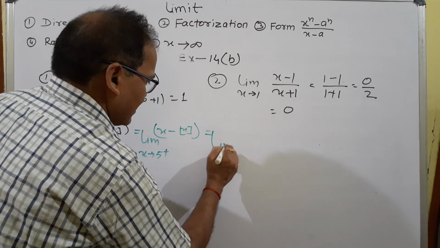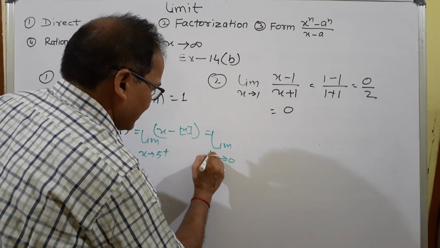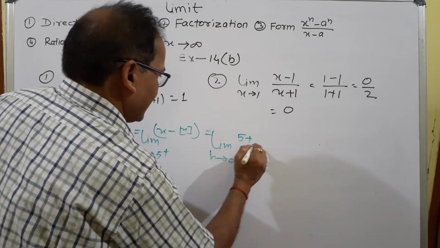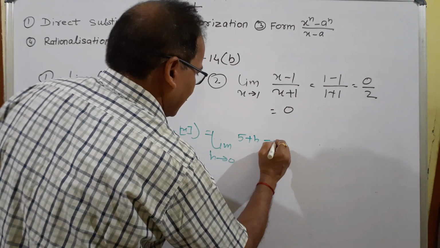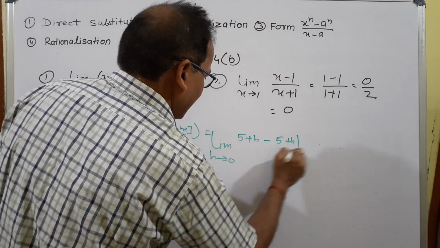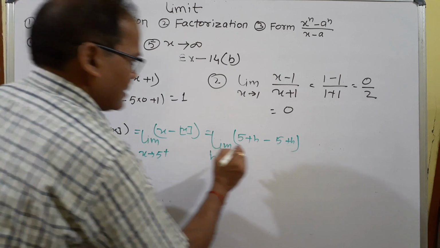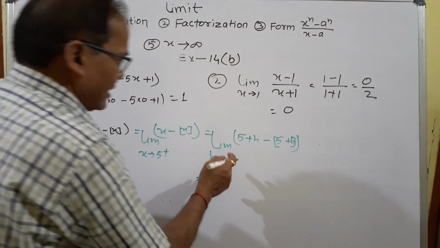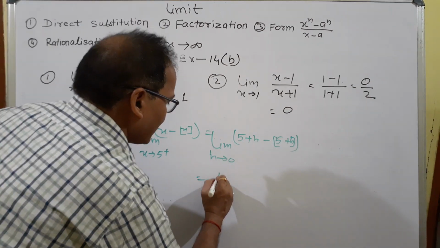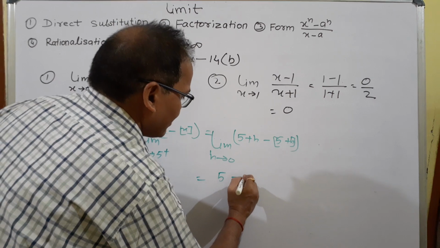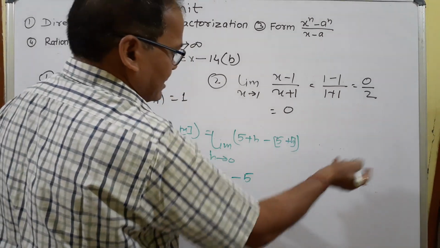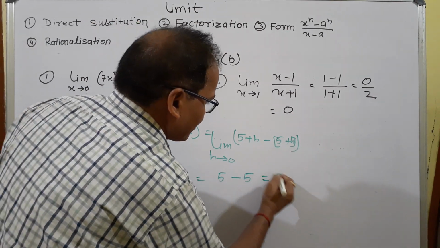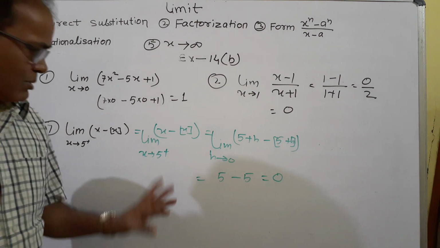So limit h tends to 0 of 5 plus h minus the integer part of 5 plus h. If you put the direct value, h tends to 0, so you will get 5 minus 5, because for 5 plus the integer part is 5; if it were minus, we would take 4. So 5 minus 5 is equal to 0.